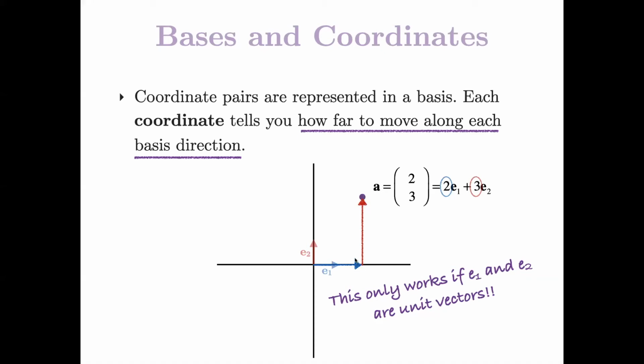If I were to choose this blue vector, I would only have to move 1 times that vector, and then 3 times E2. But 1 times E1 is not referring to how many units I walk in this direction, because it is quite clear that if there were a grid, I would be moving 2 units. So that's the main reason why we need that part of the definition for orthonormality.